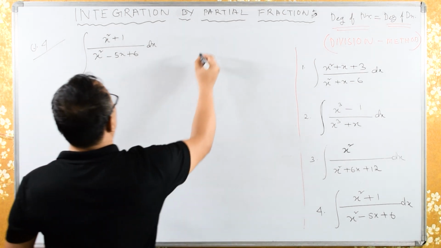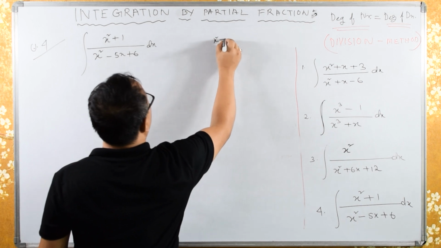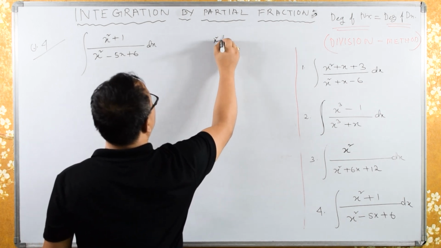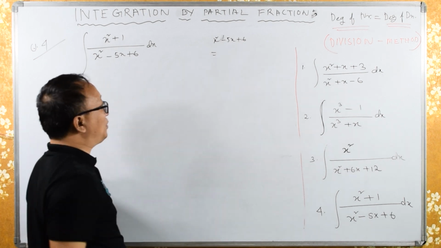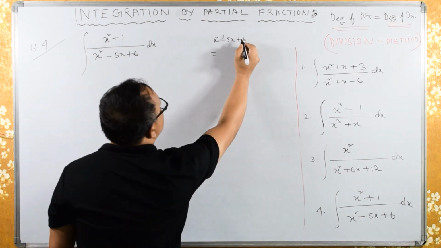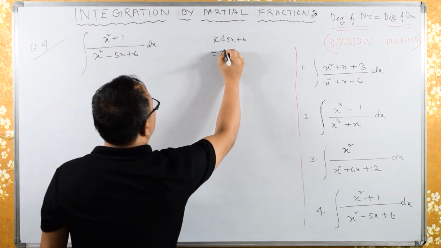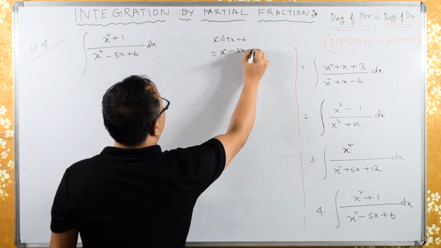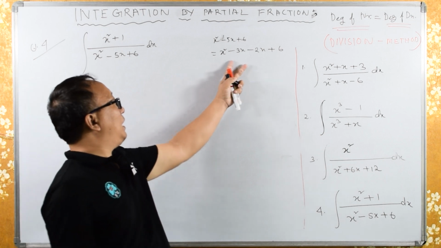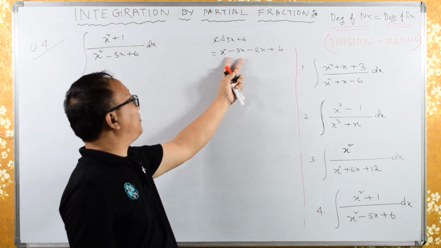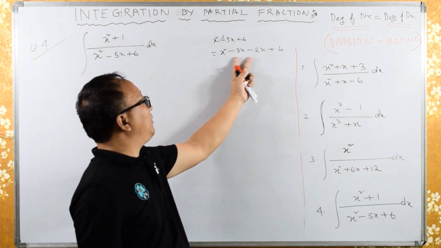Consider x square minus 5x plus 6, equals 3 and 2. Here I can say x square minus 3x minus 2x plus 6. I am choosing minus 3 and minus 2. If I multiply these two, I am getting plus 6.